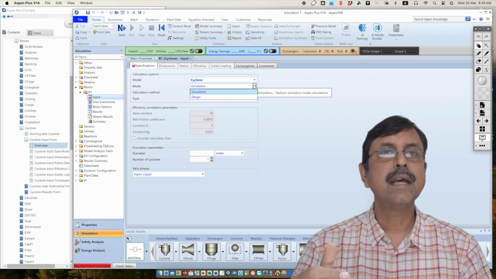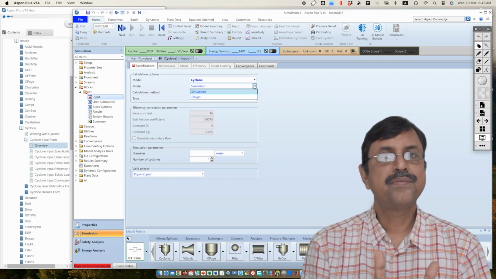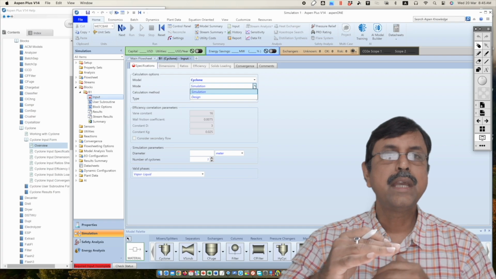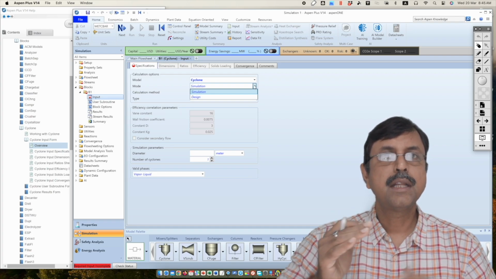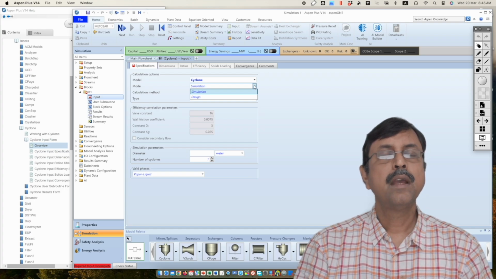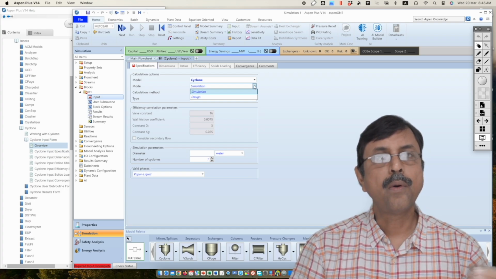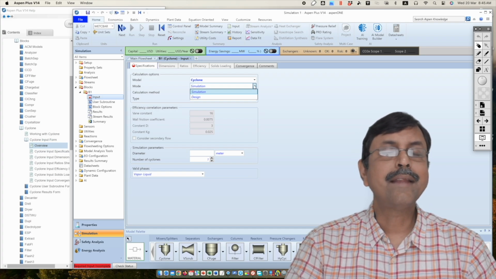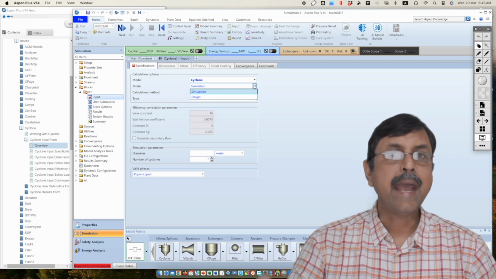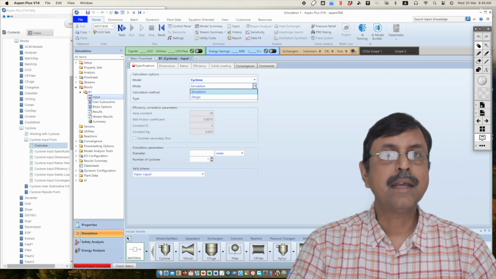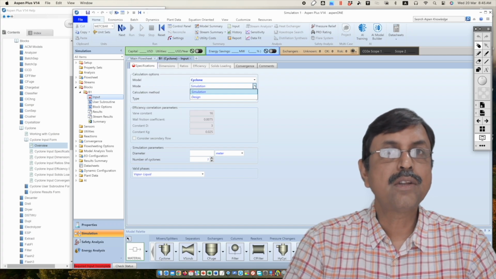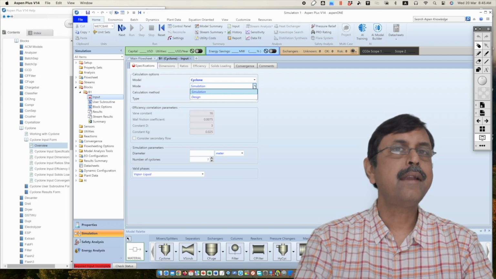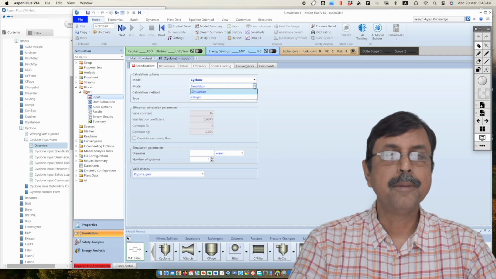Like you give the diameter of cyclone, you give the data of length of the cylindrical portion, the conical portion, what is the flow rate. So all those necessary details you feed in, and you feed in the calculation method, that means the efficiency curve. So all this information that you have to provide, and it will simulate the model.